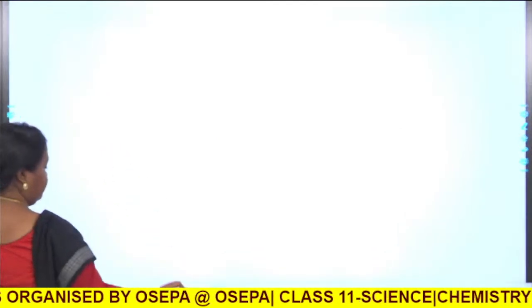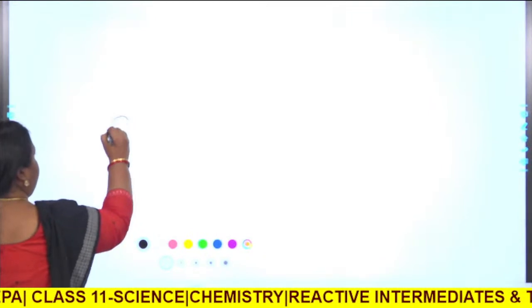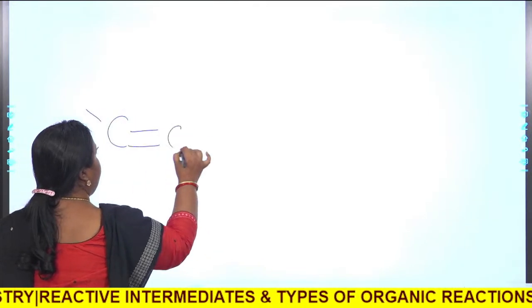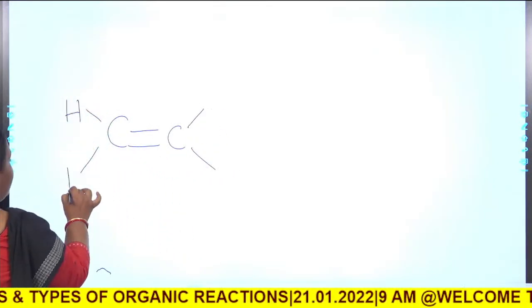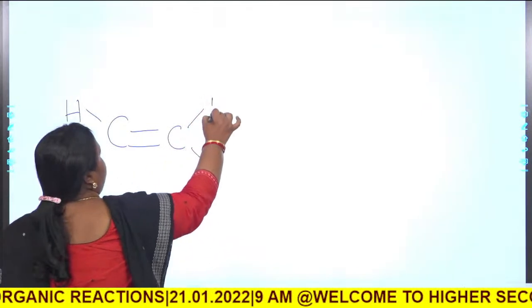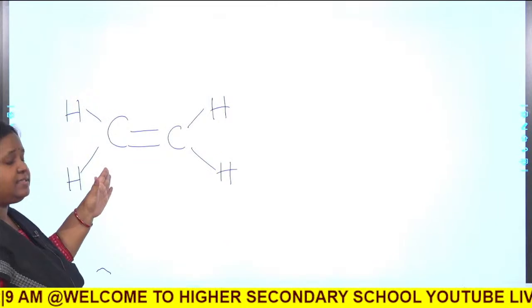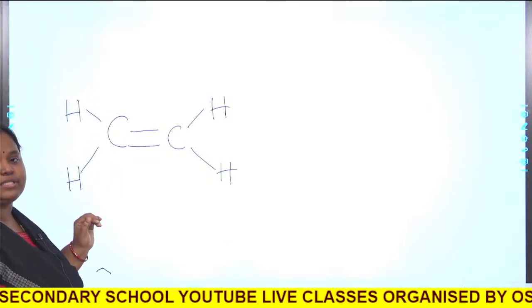So, in case of ethene, the simplest kind of alkene. Mark, is there any alpha hydrogen? No, because there is no alpha carbon itself.